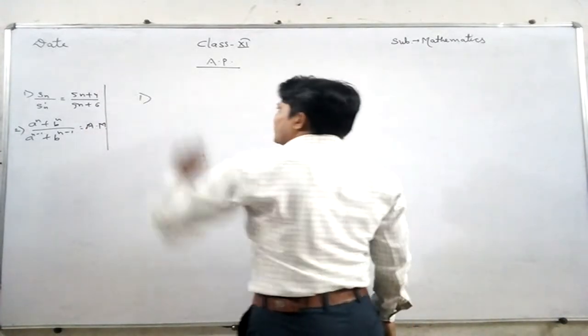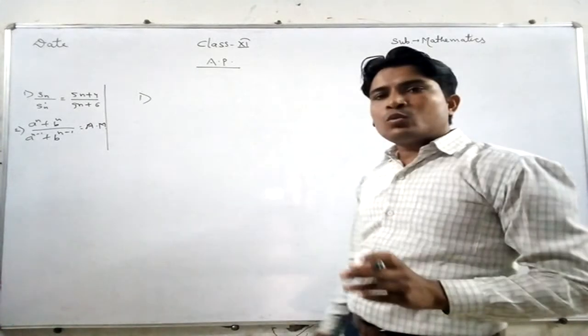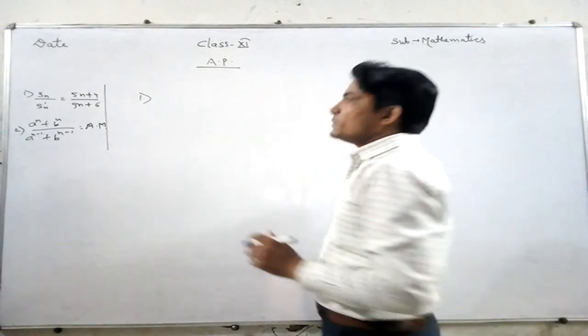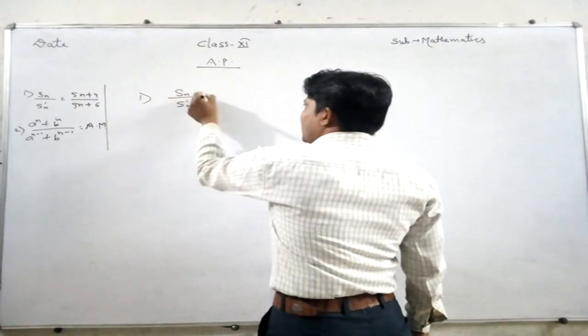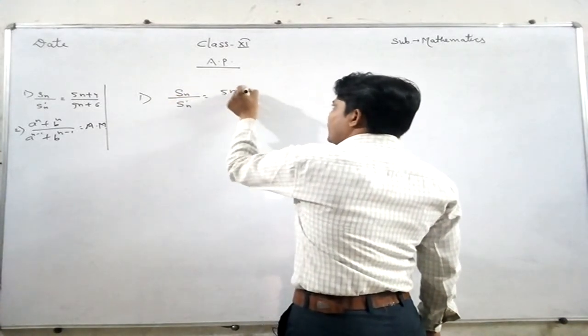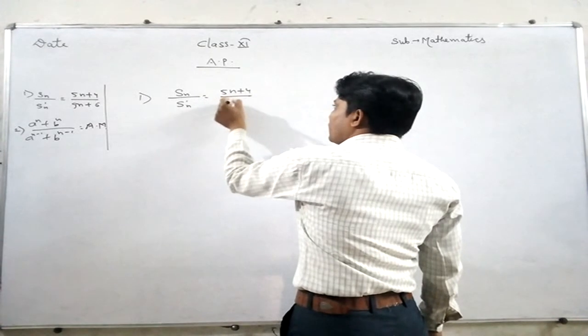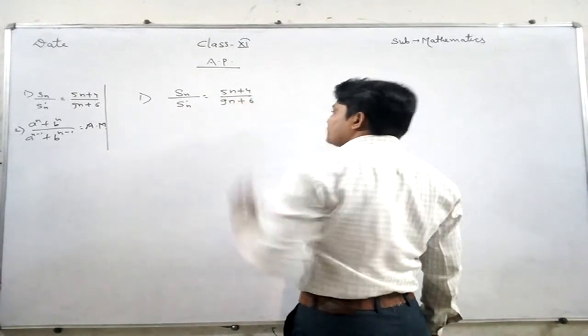If the ratio of the sums of two APs, Sn divided by Sn dash, is equal to 5n plus 4 upon 9n plus 6.